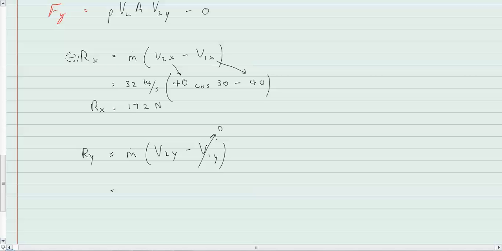Putting in the numbers, you have 32 times 40 sine 30, which equals 640 newtons. So these are the two final answers for this problem.